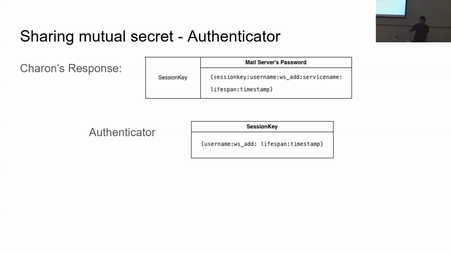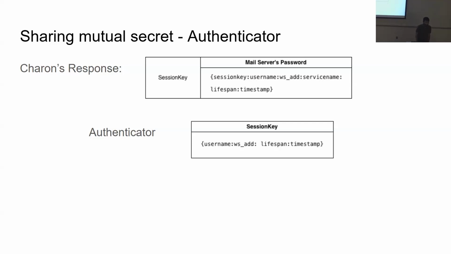If you have someone else mimicking Sharon, neither the mail server nor Bob should accept any tickets coming from that. So that's how we try to secure the system from man in the middle attack and make the system secure.